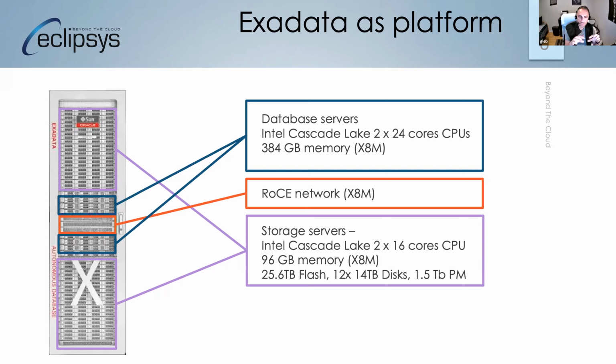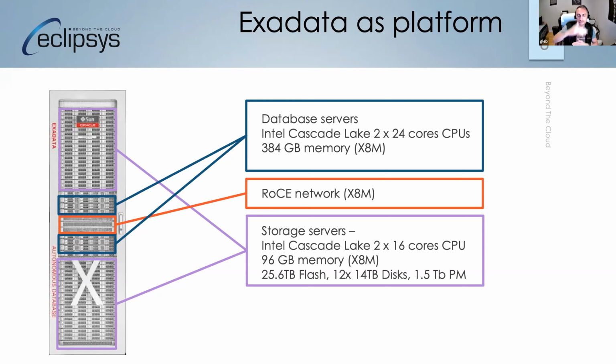For each storage cell, you have 12 14-terabyte disks inside, plus 25 terabytes of flash and 1.5 terabytes of persistent memory. In terms of access to those layers, the fastest access you get is to persistent memory. It has the lowest latency to get data. Then you have flash, and then you have disks.